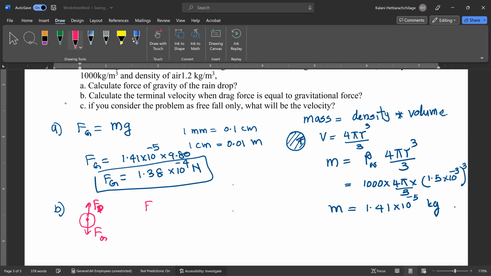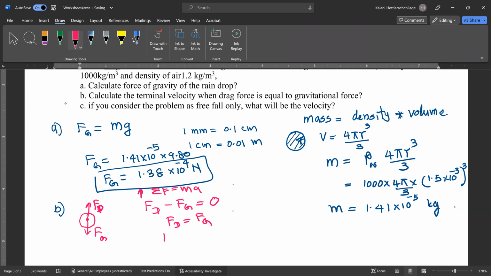So now the force of drag minus the force of gravity is going to be 0 at that time. That means force of drag equals force of gravity. I'm just writing Newton's second law here. Net force equals mass times acceleration in the y direction. That's what I did, right? And now the drag force formula, you have it in your lecture note.